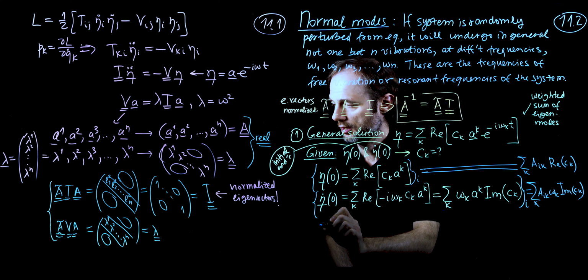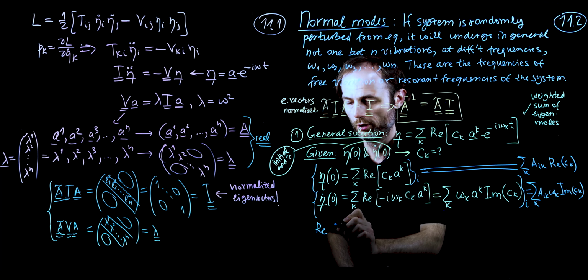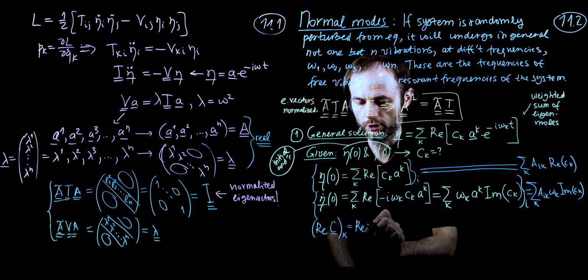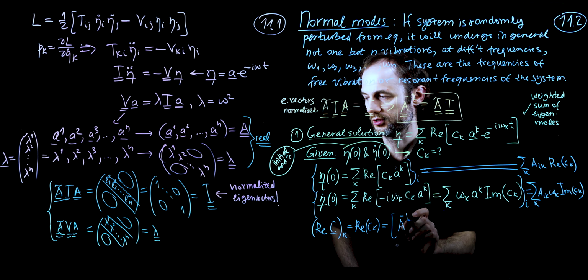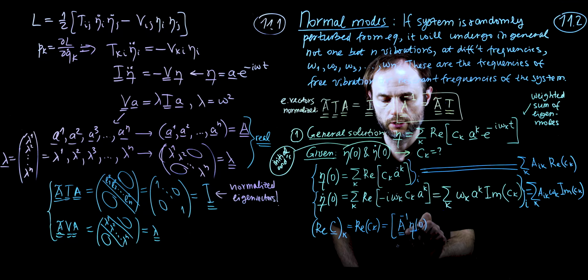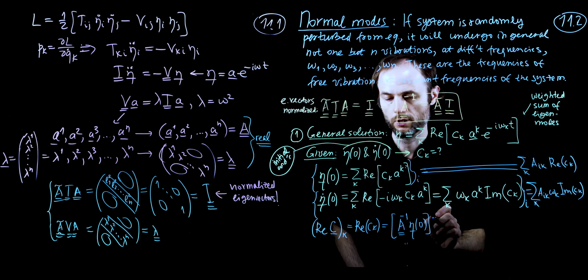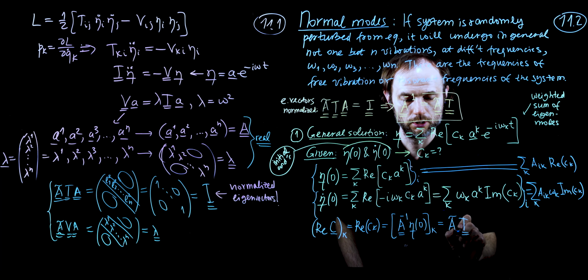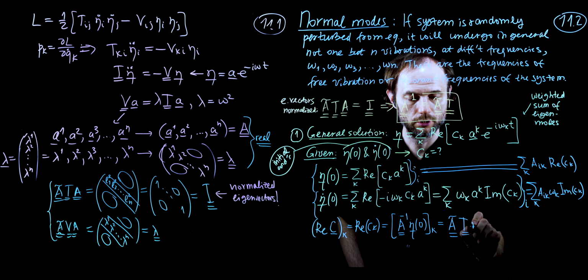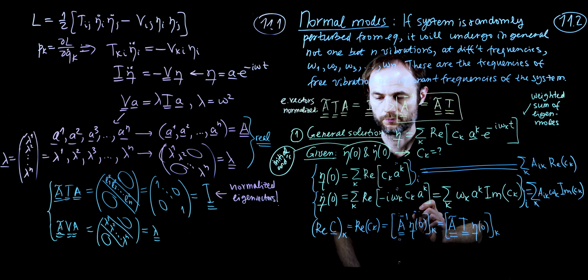And we can say that the real part of the C vector, and we're going to take its kth component, is going to be equal to the real part of c_k, and that is going to be the inverse of matrix A multiplied by the initial condition vector, kth component, and that will be, by this, the transpose of A times the T matrix times the vector of the initial coordinates.